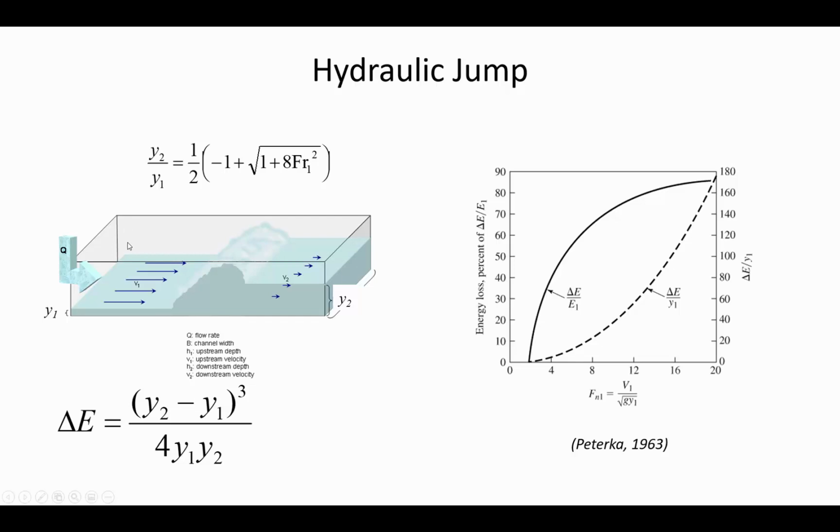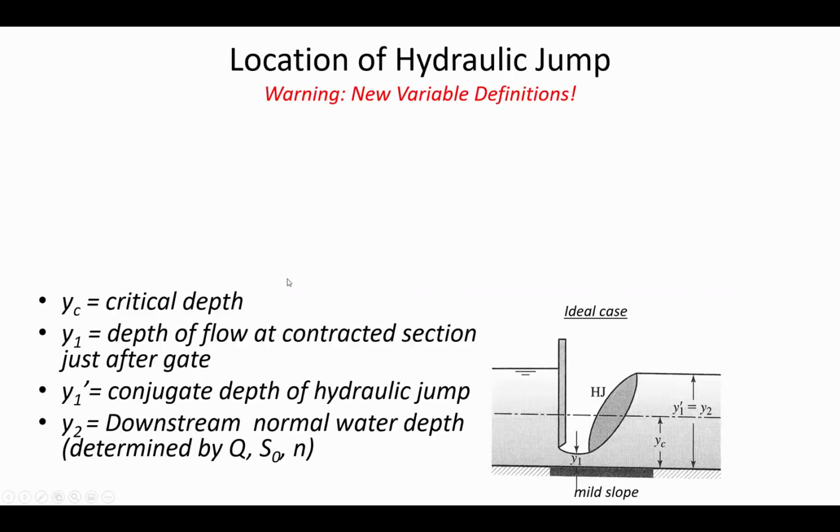So y1 is upstream, y2 is downstream. Well, when we talk about the location of the hydraulic jump, we have to get even a little more creative. In this figure, y prime 1 is the depth after the hydraulic jump, and y2 means the normal depth that the channel can support.